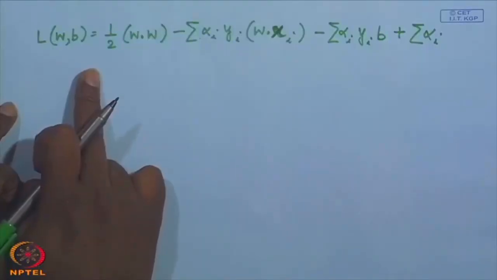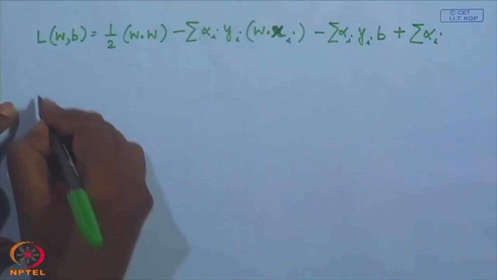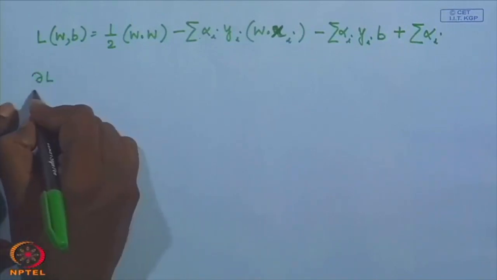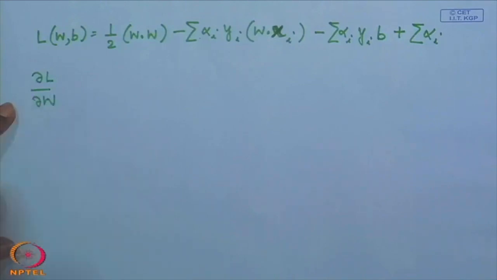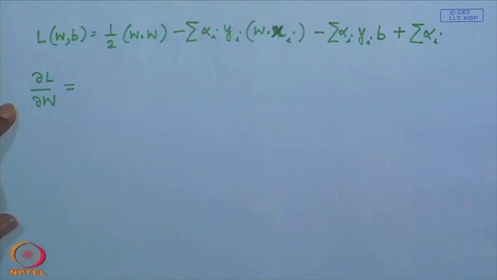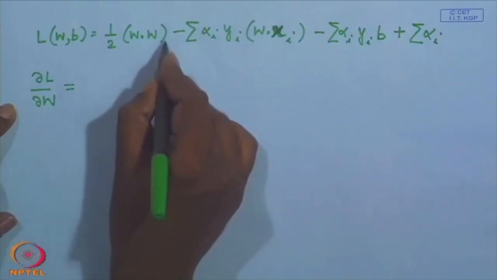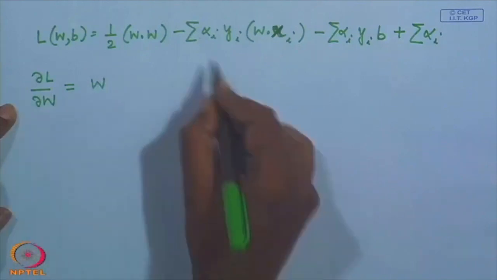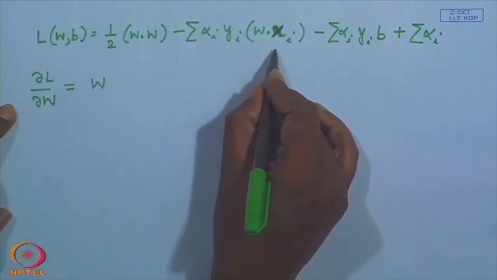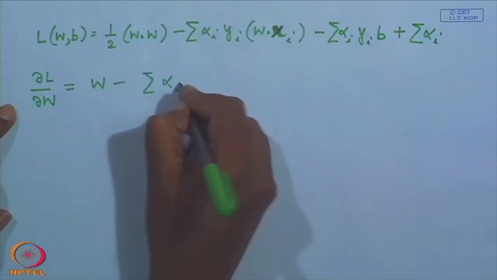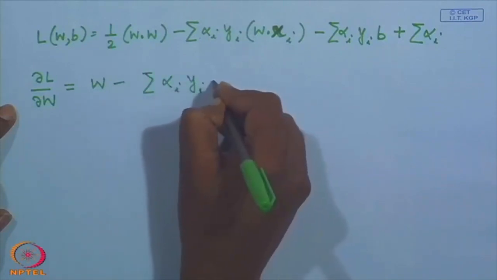So, now if I take the derivative of this Lagrangian with respect to w, what I will have is del L del w. The derivative of this with respect to w is nothing but w, and the derivative of this with respect to w is sum of alpha_i y_i x_i.